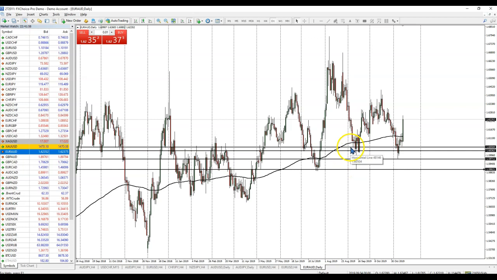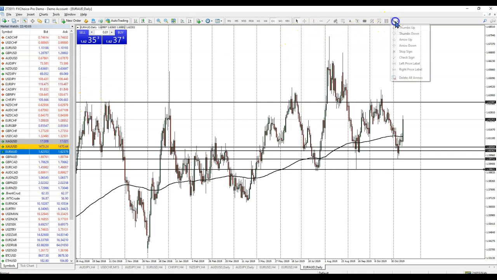Pretty much it. Trade it back to a previous level of support or resistance. It's been here multiple times. So it's been here multiple times.